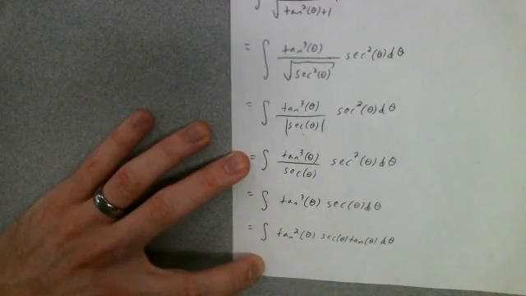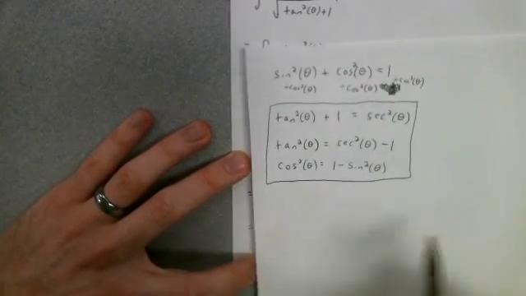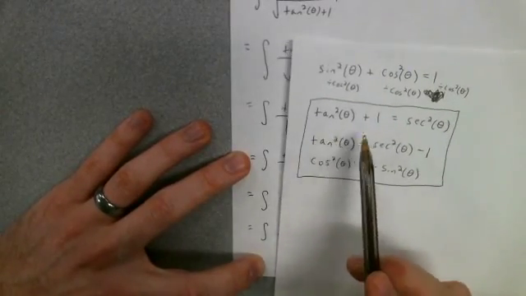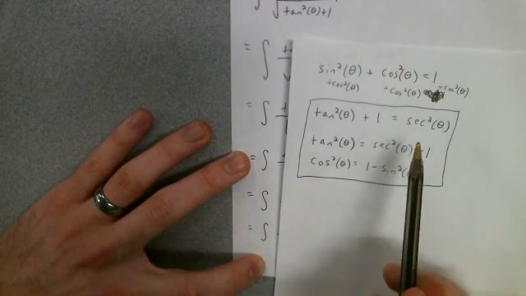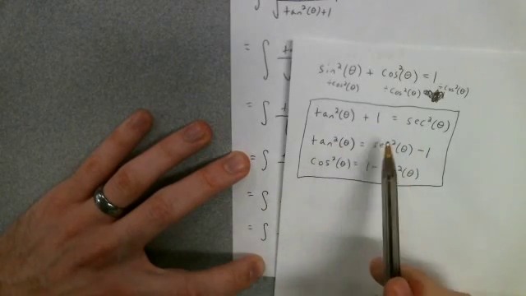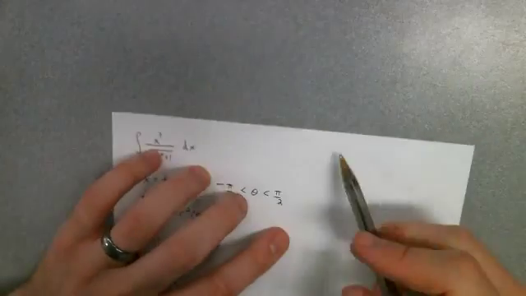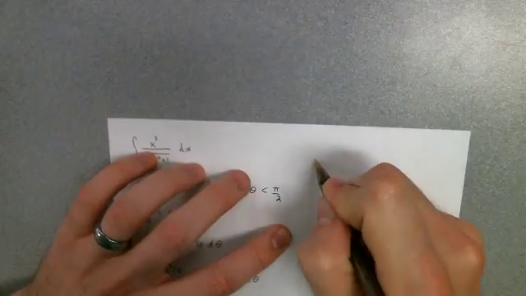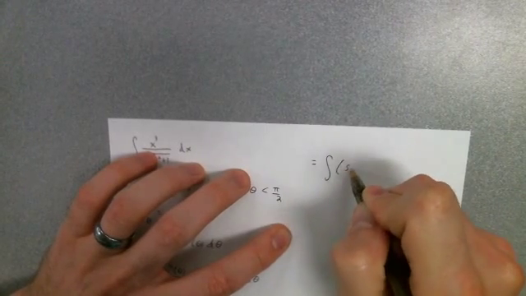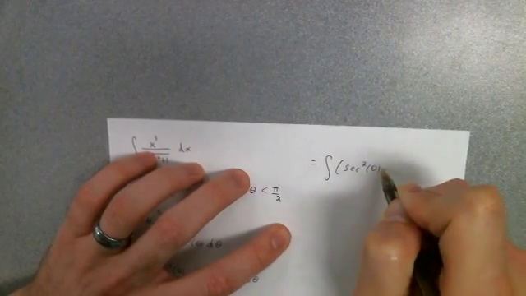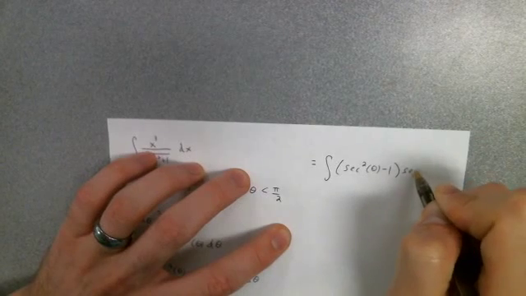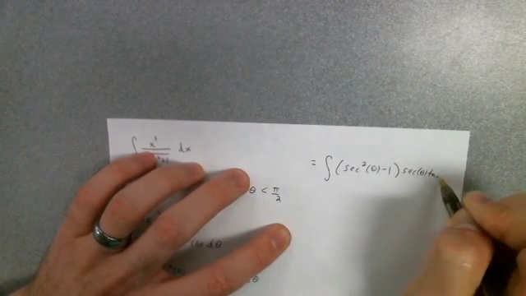Well, I'll use a trig identity. Tangent squared plus 1 is secant squared. That means tangent squared is secant squared minus 1. So I'm going to change that tangent squared to secant squared theta minus 1. Secant theta, tangent theta.